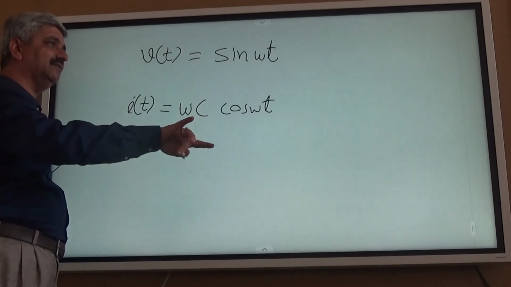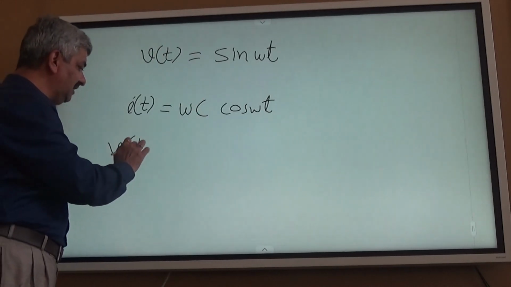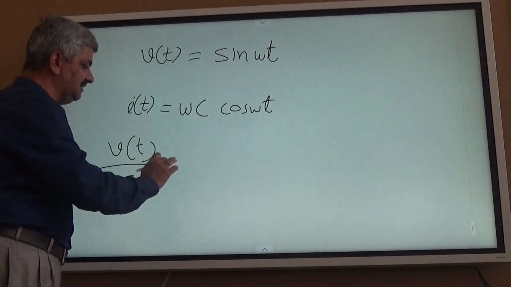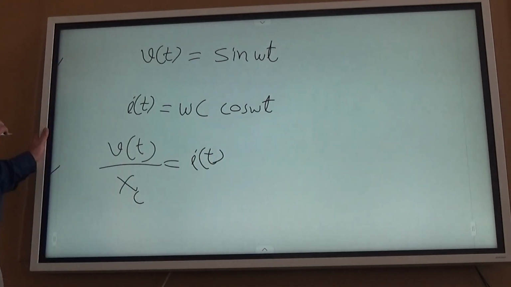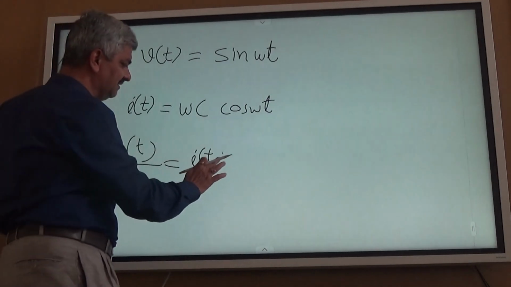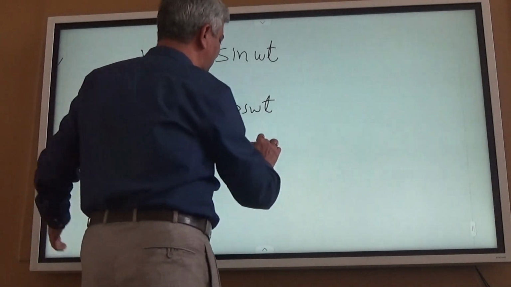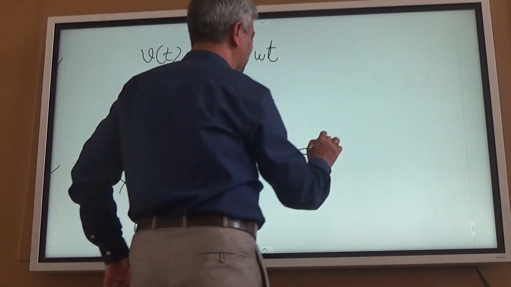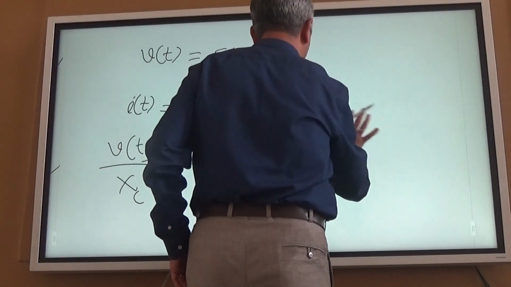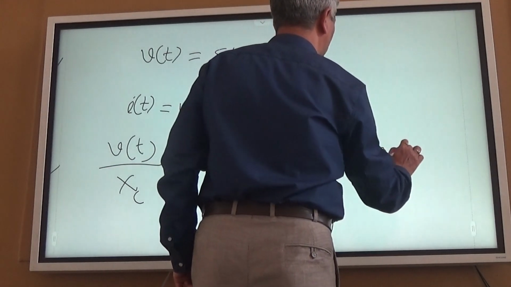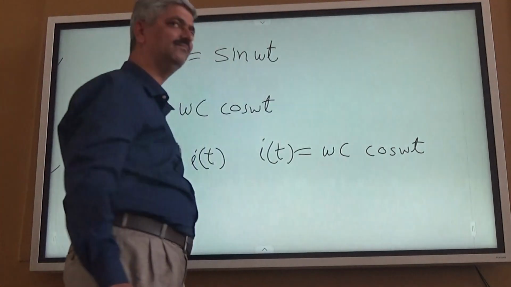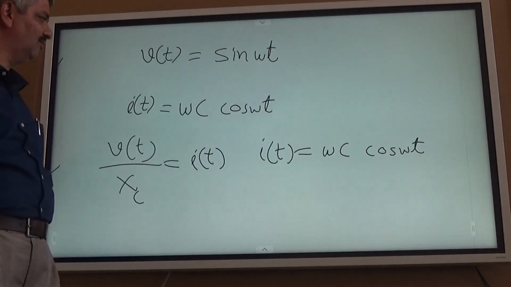XC is that VT upon XC is equal to IT. Right? It is VT upon X. Then, what is IT? IT is omega C cos omega. Omega C cos omega.